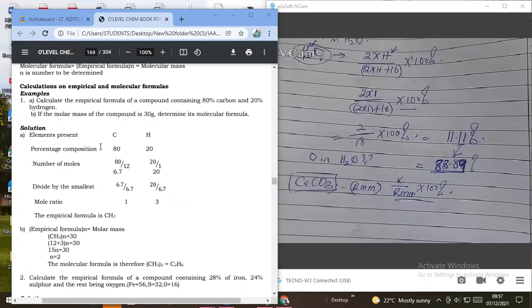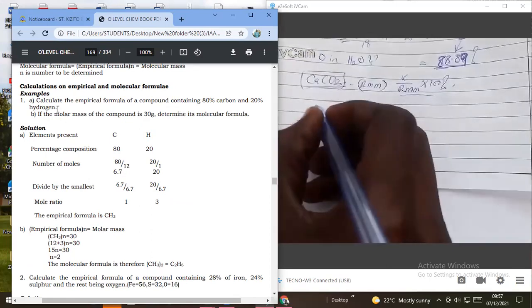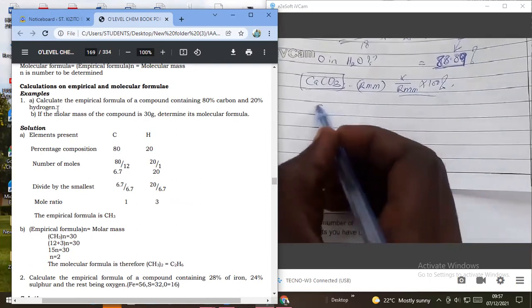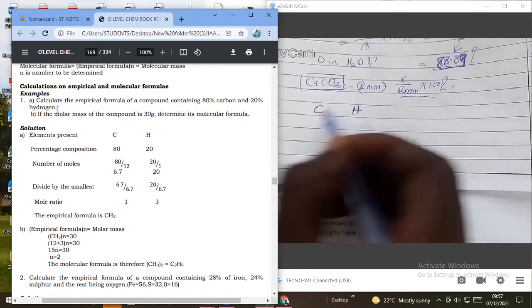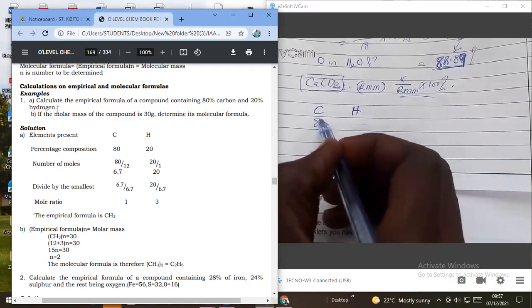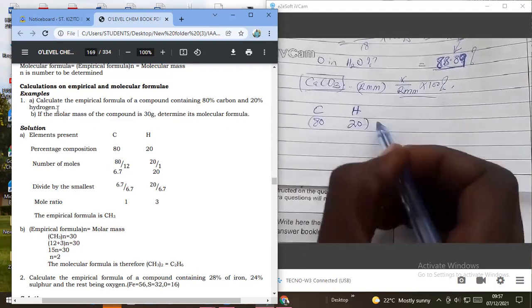Look at an example like this: calculate the empirical formula of the compound containing 80% carbon and 20% hydrogen. So you write what is there. The symbols of the elements, we have carbon and hydrogen only. Carbon is 80%, hydrogen is 20%. Now this is the percentage composition.